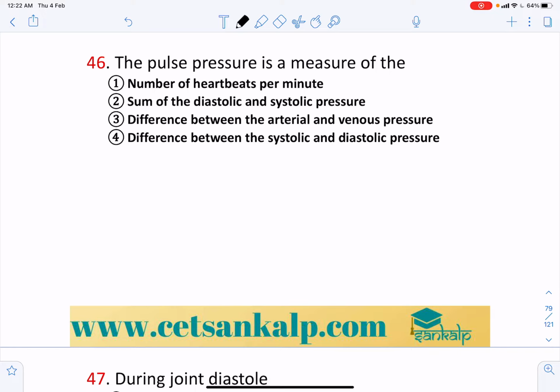In both cases, if the pressure exceeds, mainly above 150 and more than 95, that is hypertension, right?